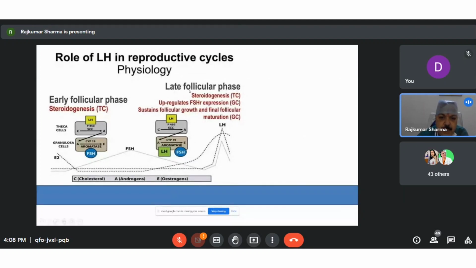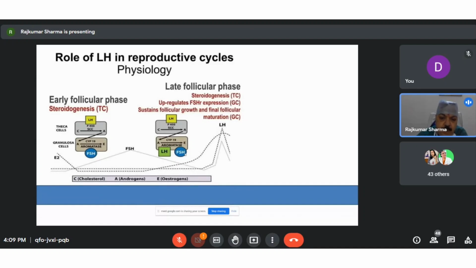In the late follicular phase, the LH receptors are also manifested on the granulosa cells. So at that stage, in the theca cell, the LH would help in steroidogenesis, while in the granulosa cell, firstly the LH causes up-regulation of the FSH receptors.